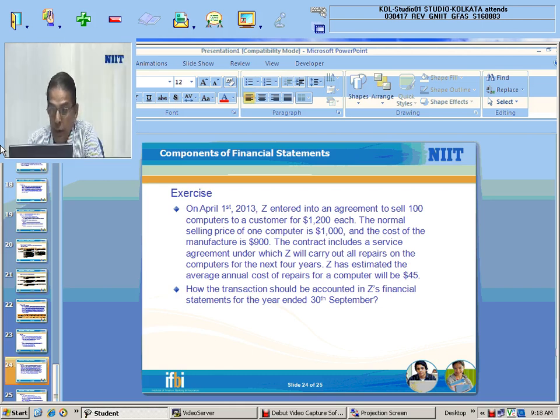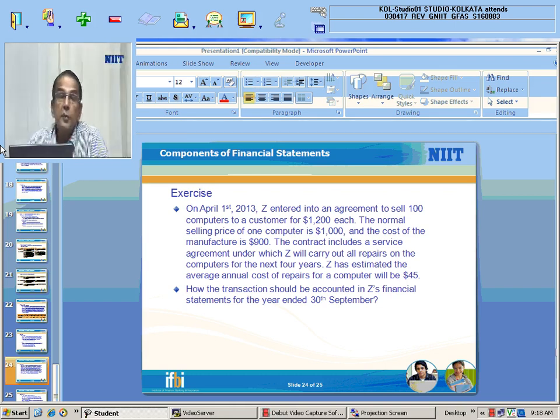Okay. Now on 30th September 2013, when 6 months have expired from 1st April 2013, on a straight line basis we have to calculate how much revenue has been earned from the services. Out of the deferred revenue of $200, how much can be recognized as revenue for the services rendered?